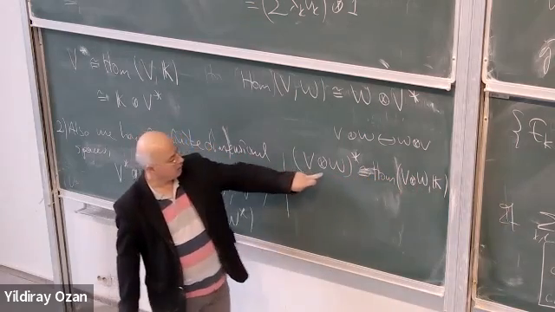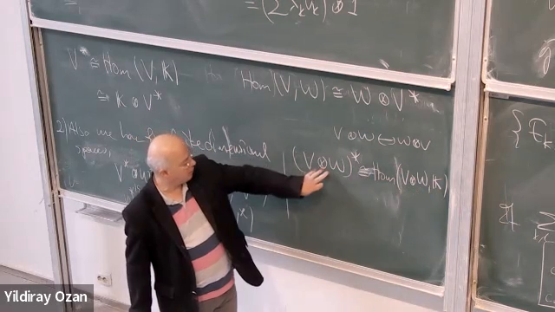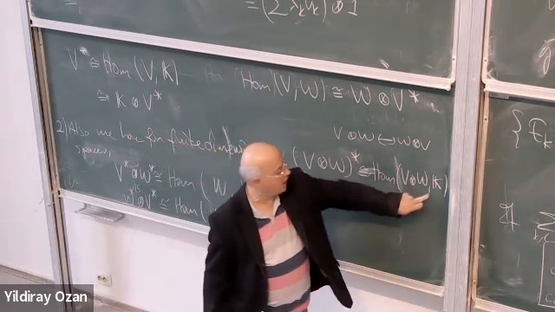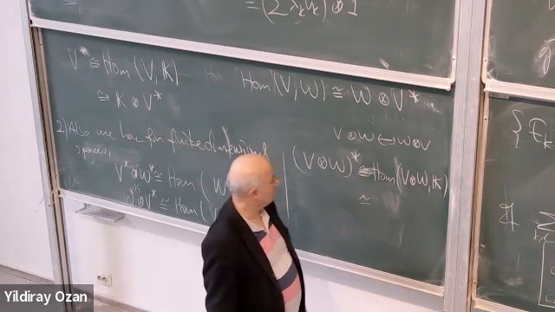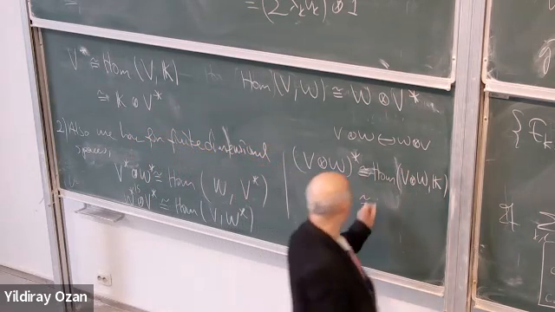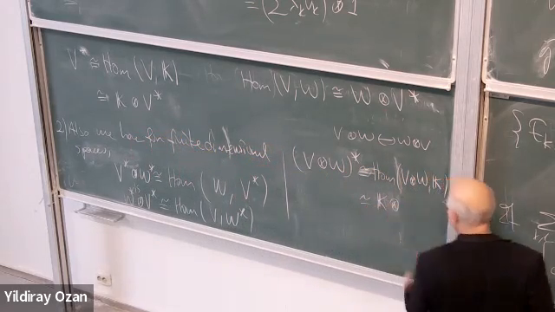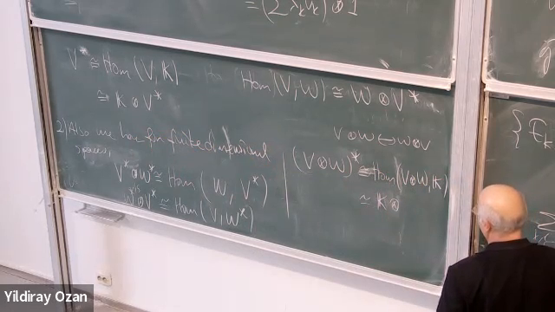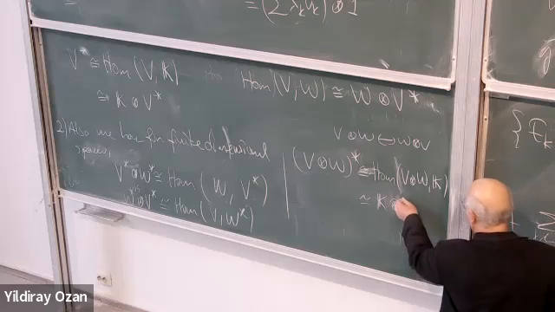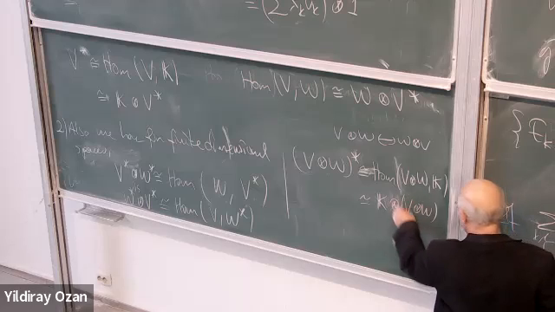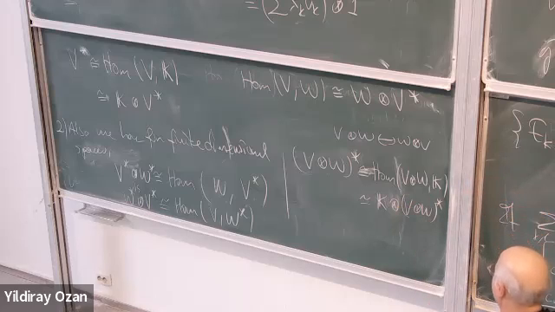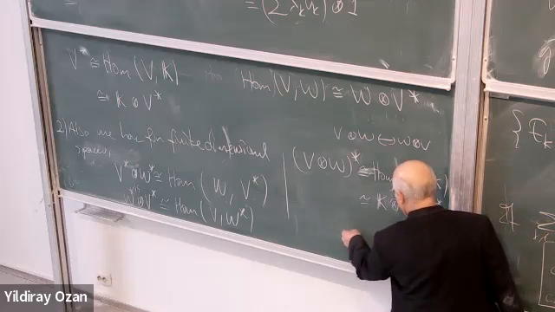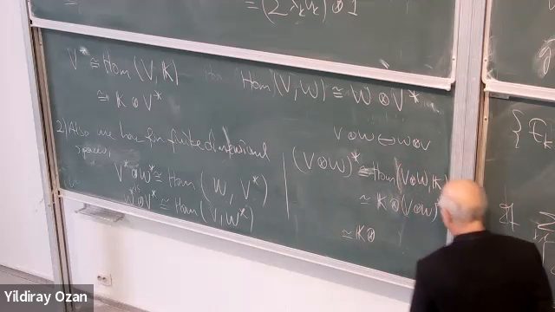Right? Dual means linear maps from this to K. But what is this? Bu neydi? K tensor V tensor W star zaten evet. Bunu belki şöyle yazabiliriz, K tensor.